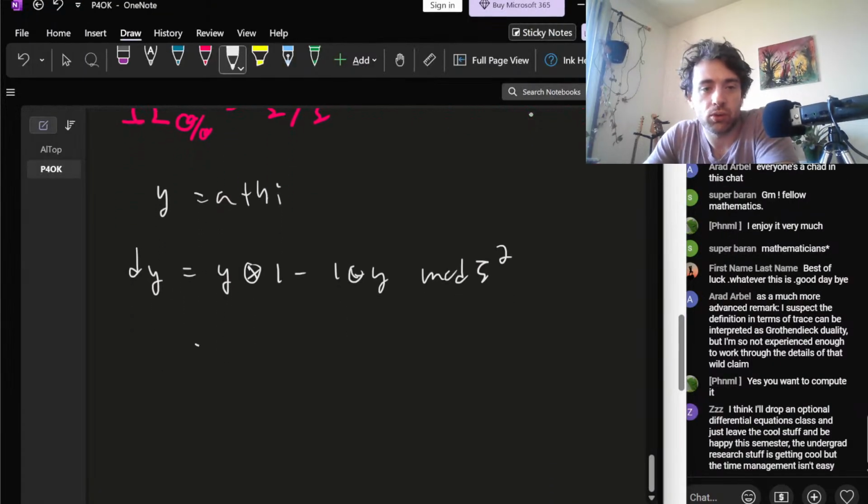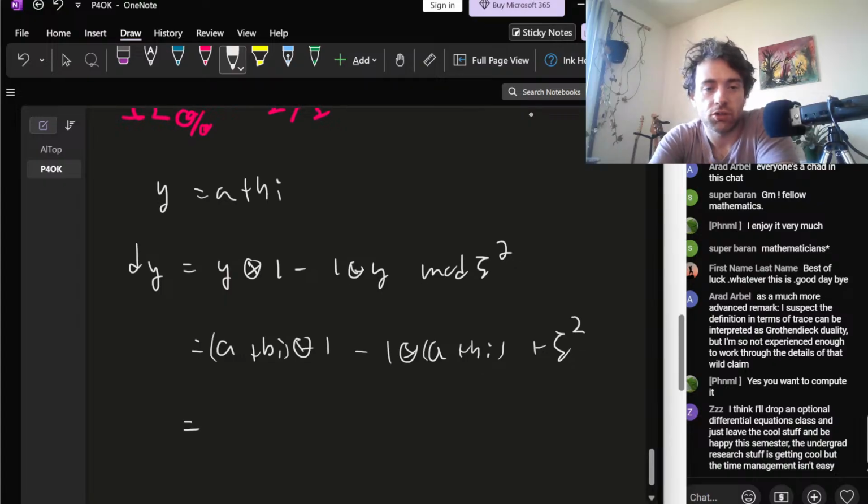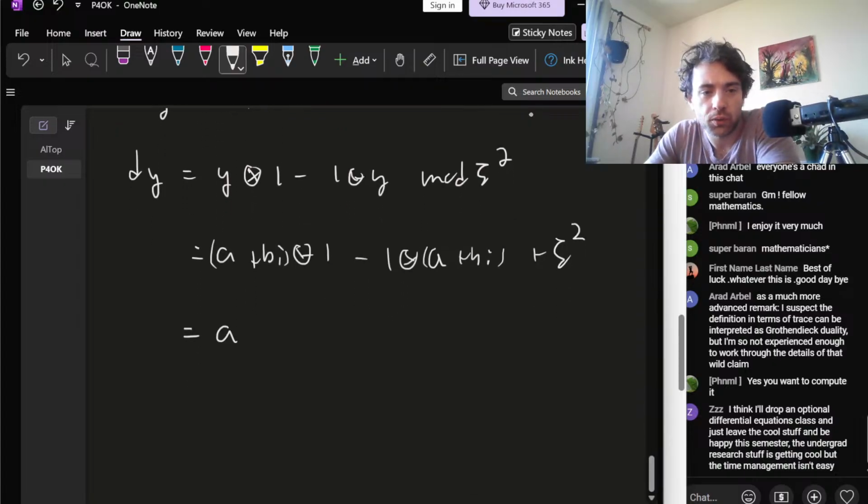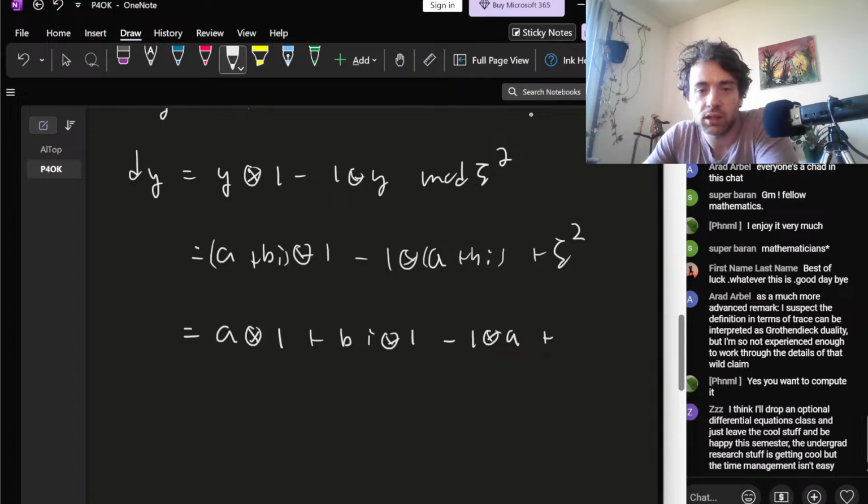Which works out to be a plus bi tensor 1 minus 1 tensor a plus bi plus I squared. Atrocious writing, I know. So what do we get? A tensor 1 plus b i tensor 1 minus a tensor 1 tensor a plus minus 1 tensor i. Maybe pull the b out in front.